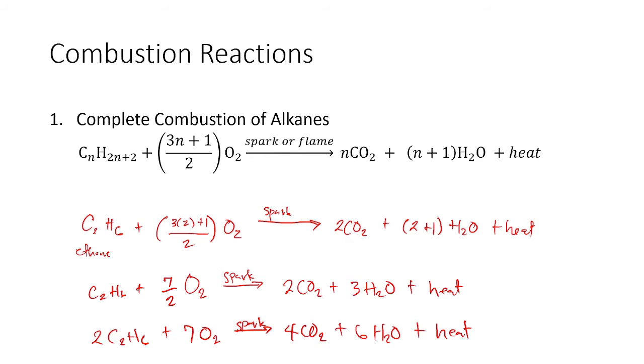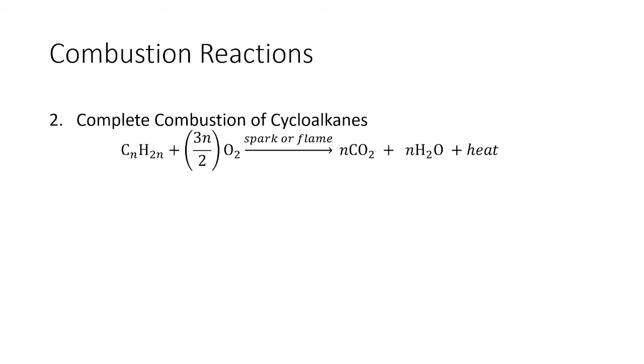The same goes for cycloalkanes. For cycloalkanes, we will also use this formula. If we have, let's say, cyclopropane, because we cannot have cyclomethane or cycloethane, we have C3H6. Again, just applying the formula, N will be the number of carbon atoms.